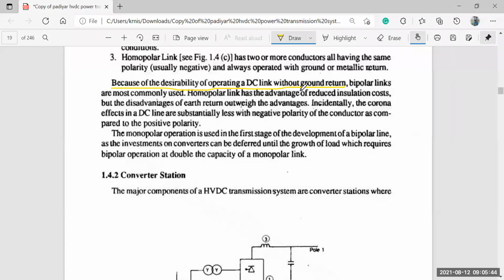Now if you want a ground return, you have to lay down a metallic line in that segment for your bipolar DC transmission link.